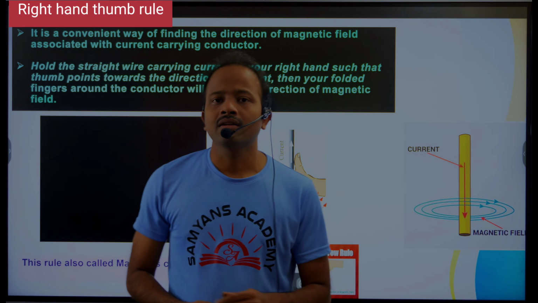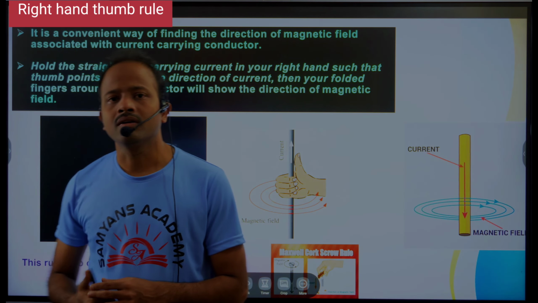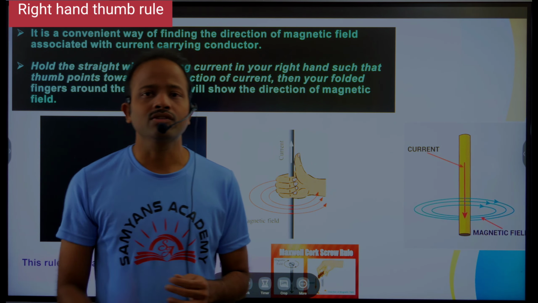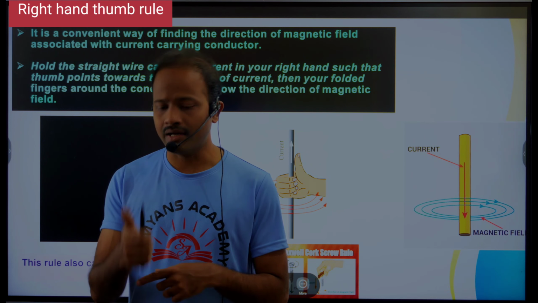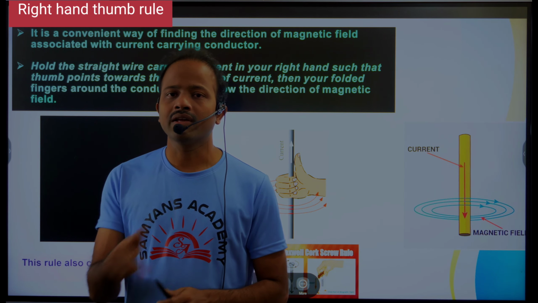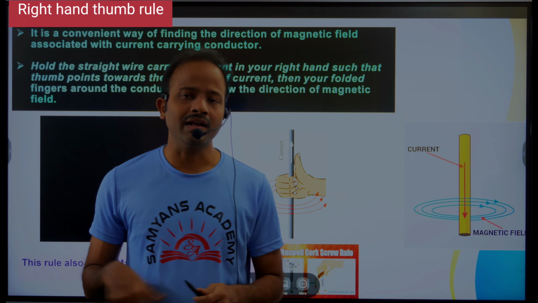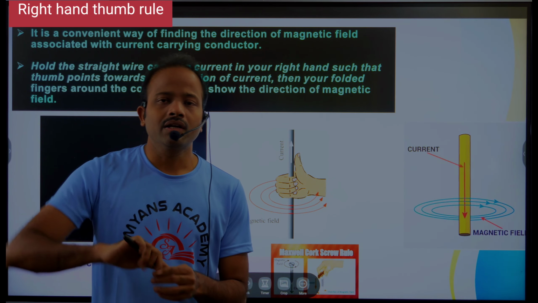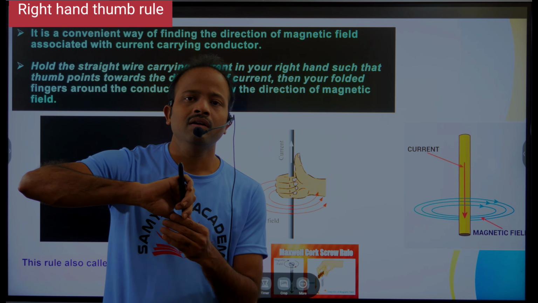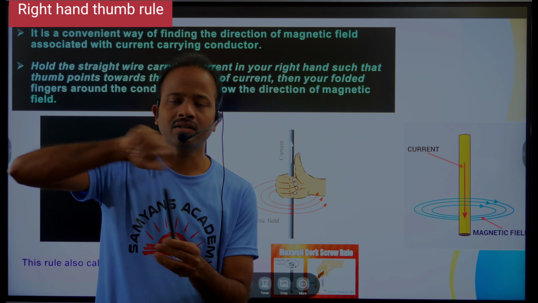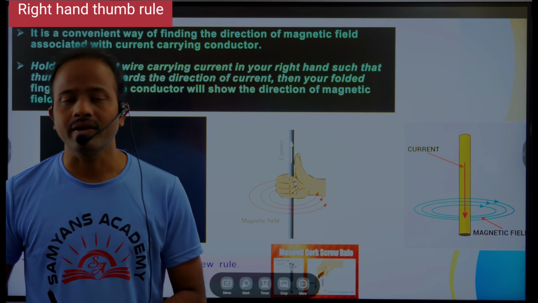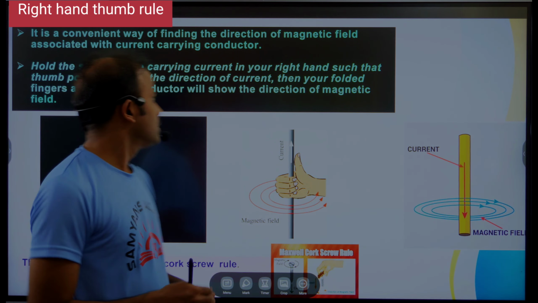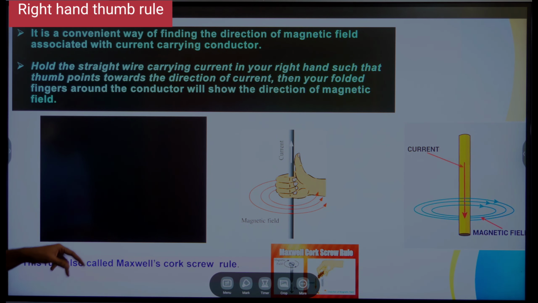Based on this right hand thumb rule, we can know the direction of magnetic field lines. When current is moving upward, the field lines are arranged in anti-clockwise direction. Whenever the current is moving downward, the field lines are produced in clockwise direction. So this is the right hand thumb rule.